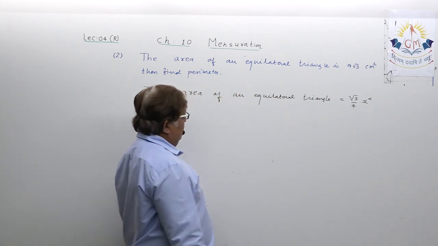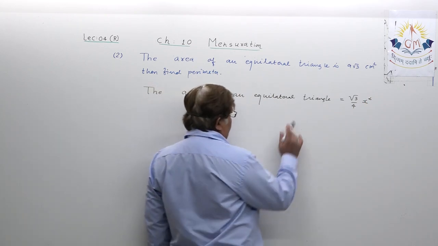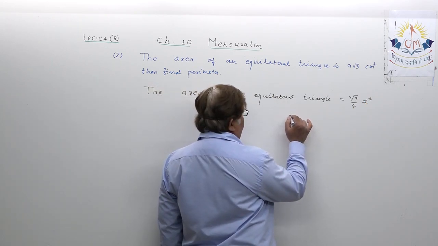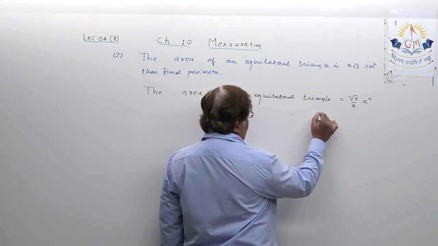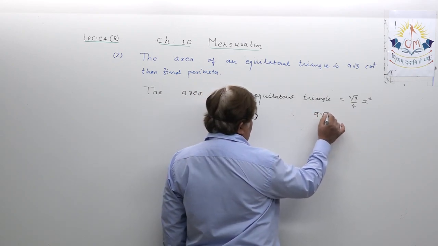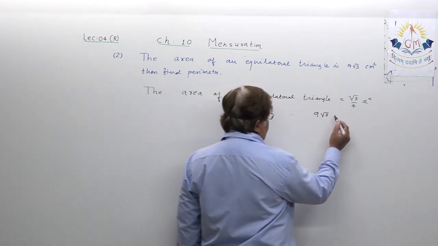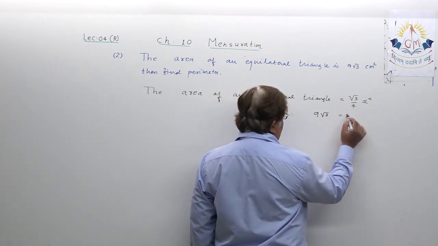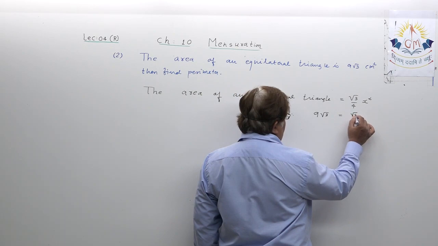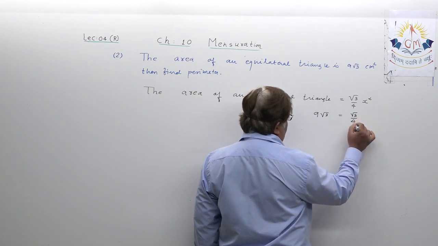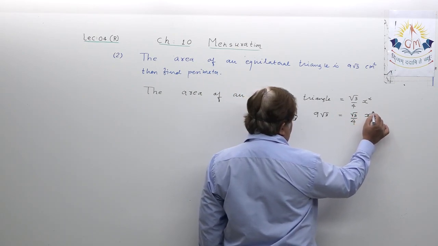Okay, then you must have substituted the value here. 9 root 3 equals root 3 upon 4 x square.